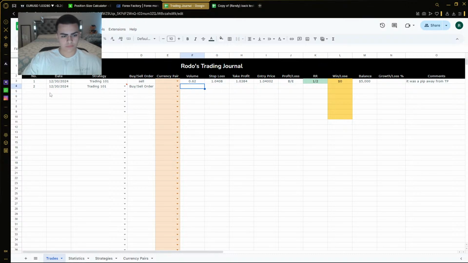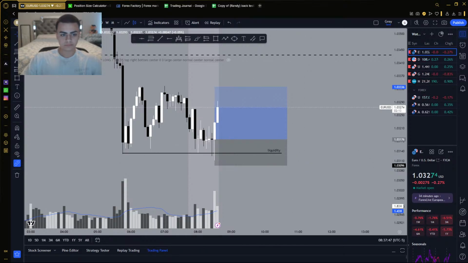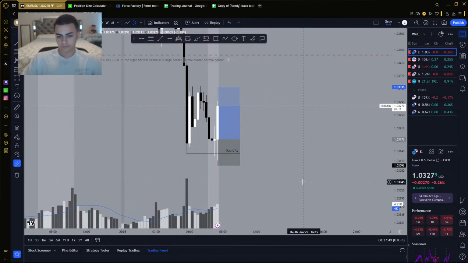I have the take profit, the entry price, profit and loss, which on this first day I went break even, my risk to reward, my win loss, and my balance. And I usually put a comment right here. But so far this trade looks pretty solid.